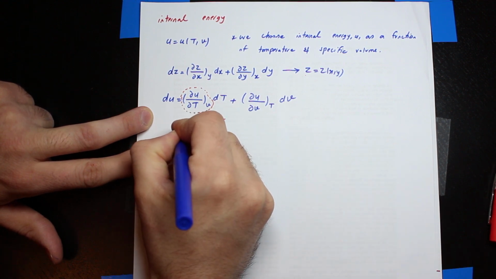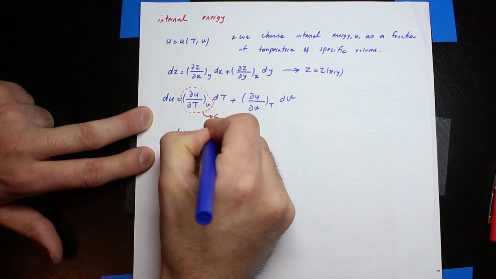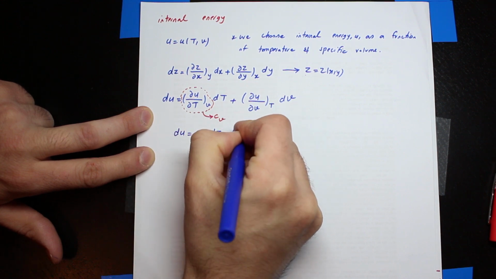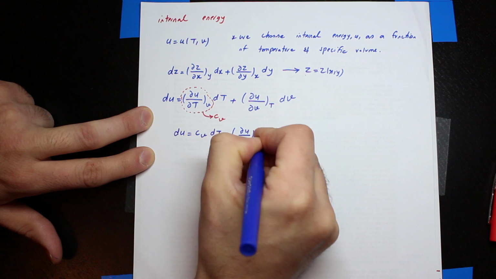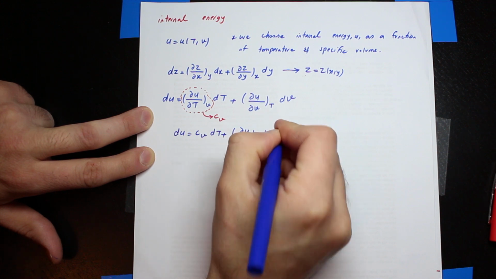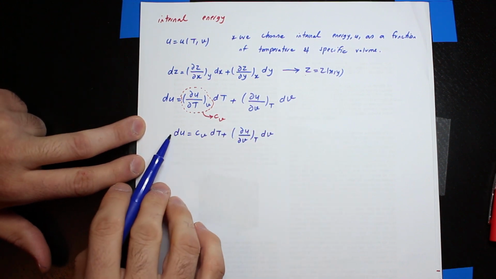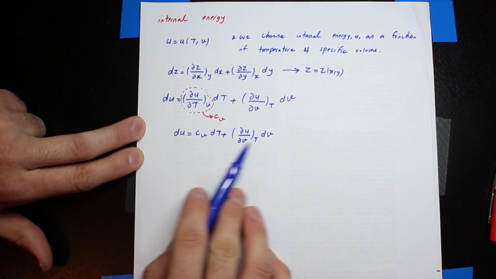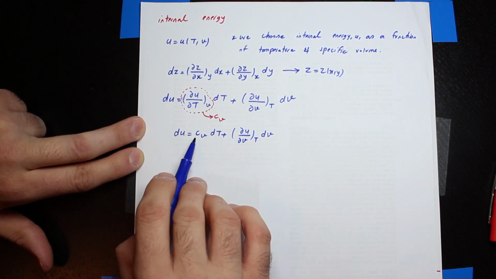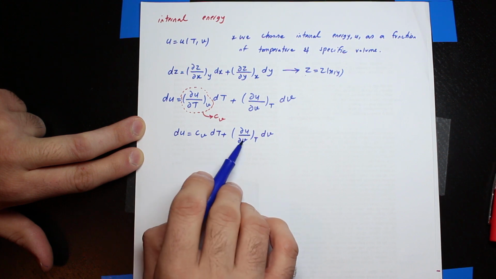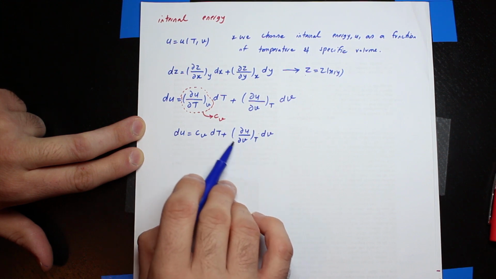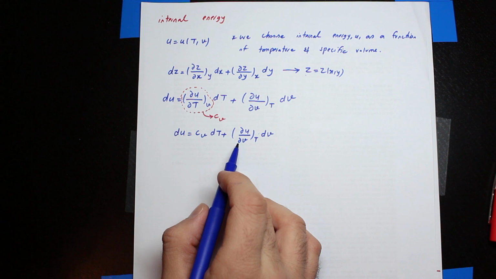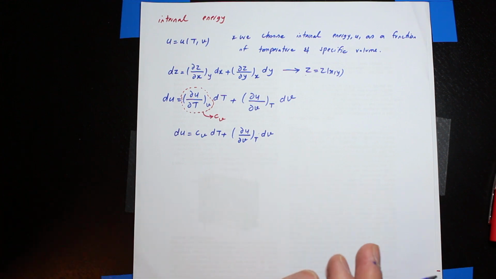So basically I can say dU is equal to Cv dT plus partial U partial v when the temperature is constant, dv. My goal is to come up with a correlation for internal energy U. Right now, I'm very close to my goal because the first term is good. If I can somehow manipulate the second term on the right hand side, then I have achieved my goal.